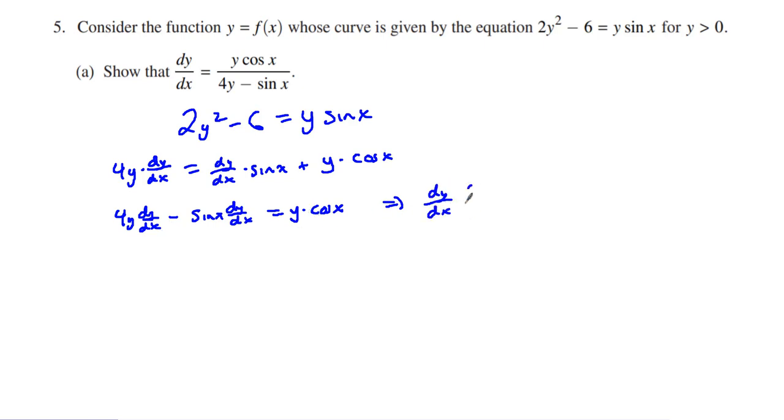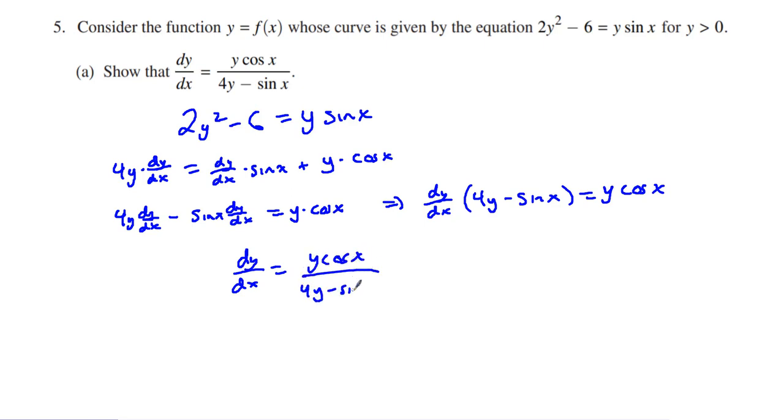So we have dy over dx times 4y minus sine of x equals y cosine of x, and now we are just going to divide: dy over dx equals y cosine of x over 4y minus sine of x, and that is exactly what they wanted us to demonstrate. So, quod erat demonstrandum, we were able to figure that out.